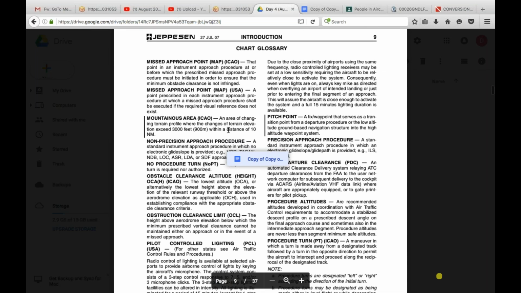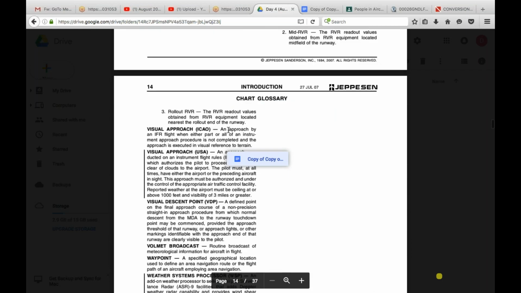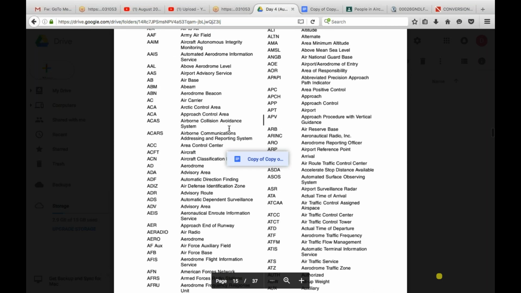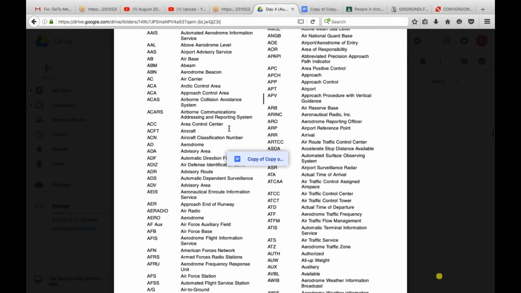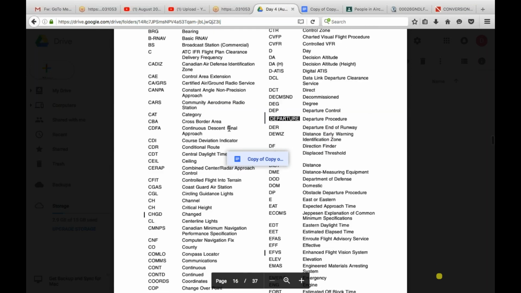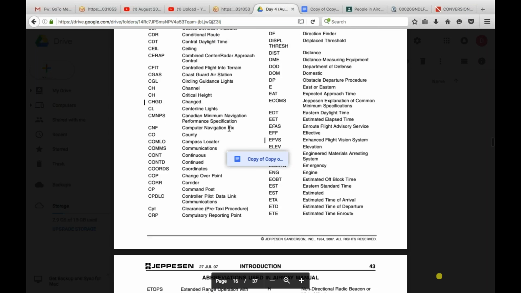I think there's more at the bottom. I think near the bottom, yeah, there's your acronyms. Keep going. I think it will even identify symbols for you.